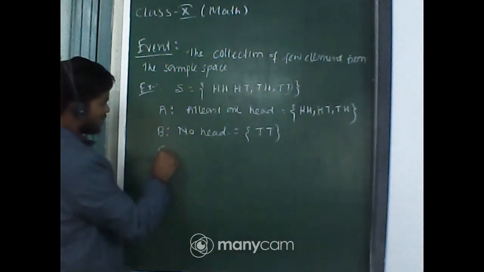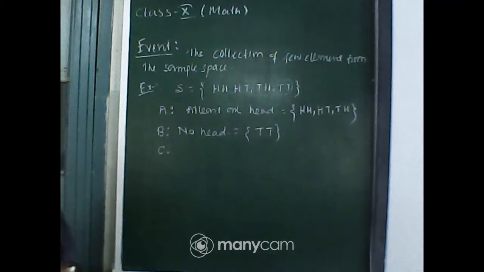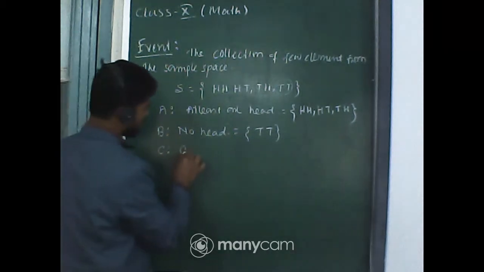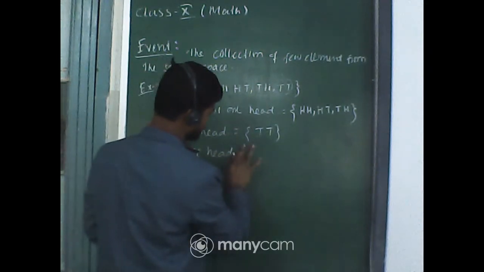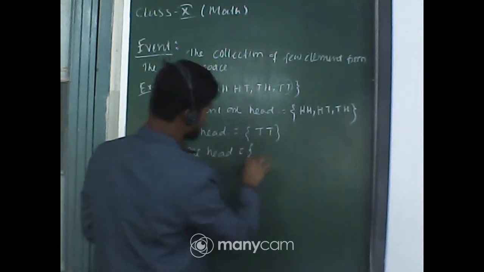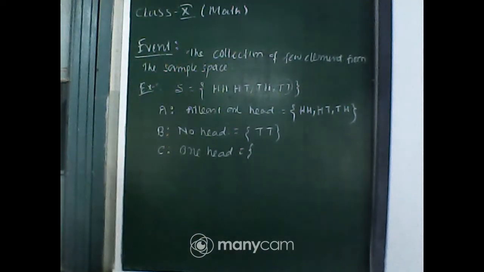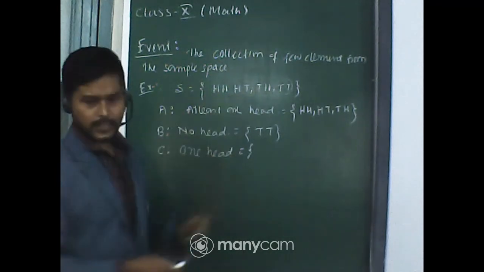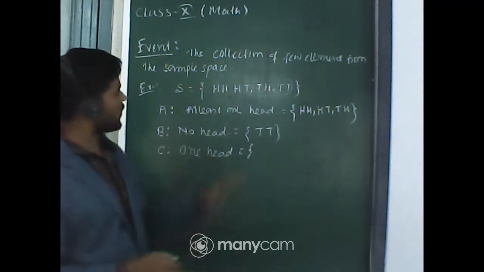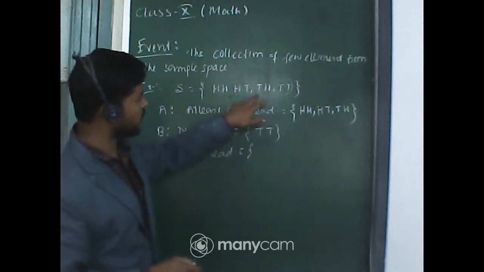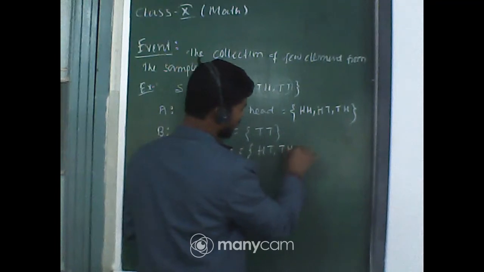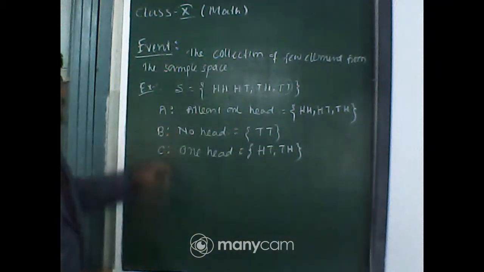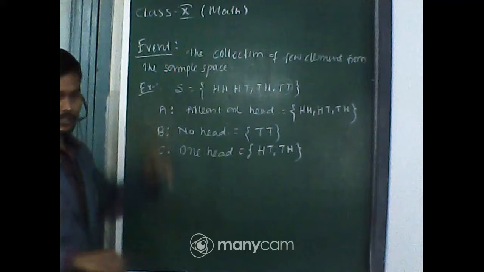Now let's see the event which means one head appears. So you have to collect all the elements which contain exactly one head. You can see that there are two such elements, one is H comma T and one is T comma H. So HT and TH are the event corresponding to this.